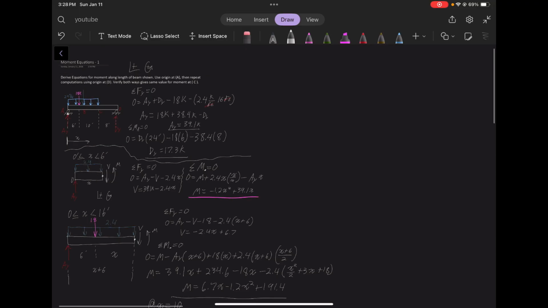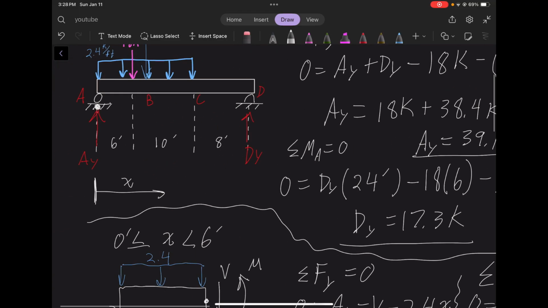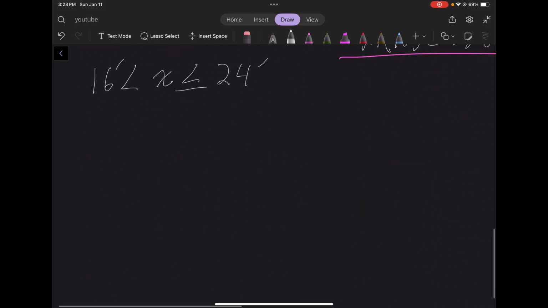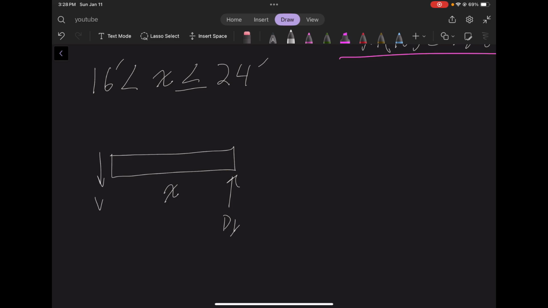And it's going to be simple enough. Between this is point 16 and this is point 24, I mean, there's nothing here. So simply enough, it's going to look, ta-da, this point is x, we have this point as DY. This is our shear, and as I said before, that's how I'm going to draw my moment.